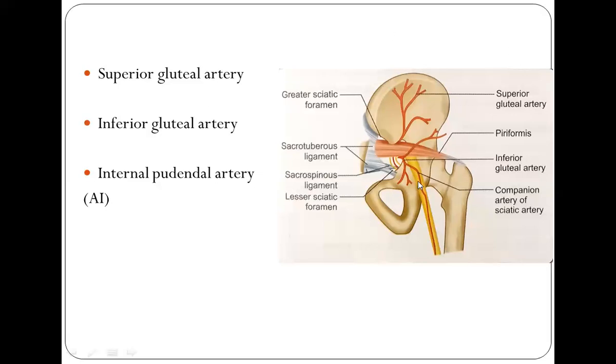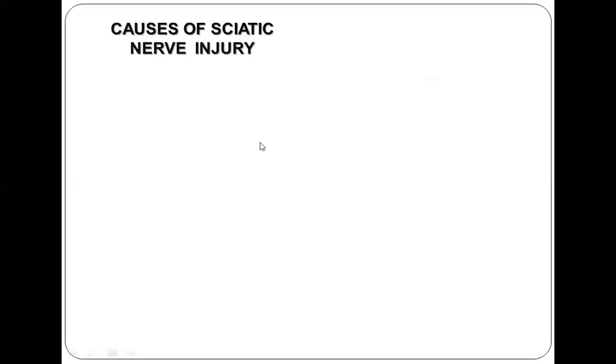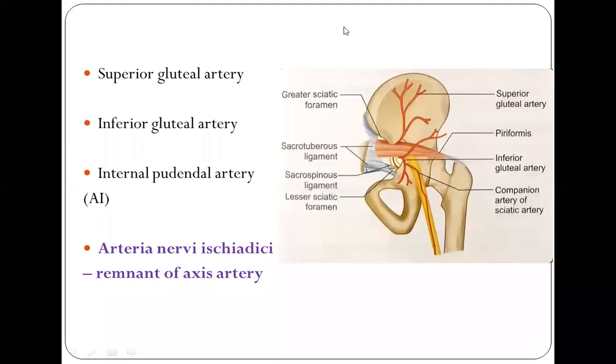So this is sometimes seen in dissection. A branch of the inferior gluteal artery accompanies the course of the sciatic nerve. And this artery has a very unique name. For those who are interested to learn, you can learn it as arteria nervi ischiadici.